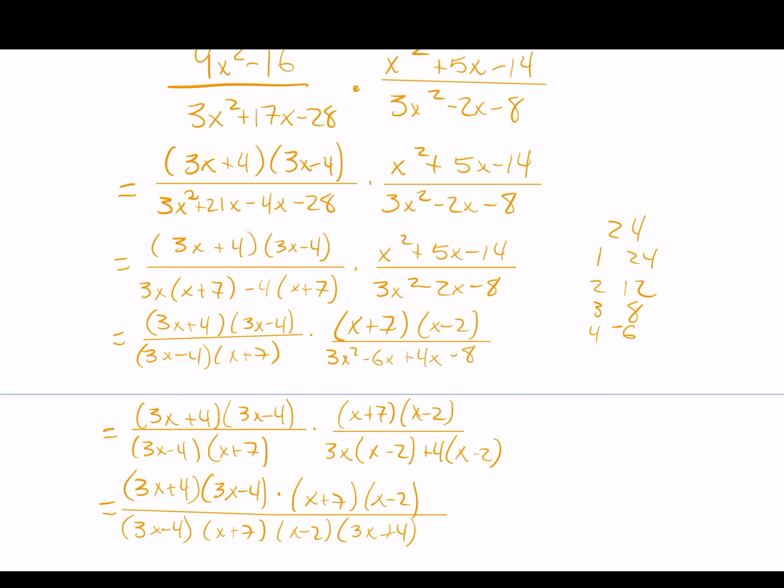Well, we have the 3x plus 4s that cancel, the 3x minus 4s that cancel, the x plus 7s that cancel, and the x minus 2s that cancel. So what does this simplify to? Well, all we're left with is 1. So all of that factoring, all of the 4 different trinomials, this division gives us just 1.